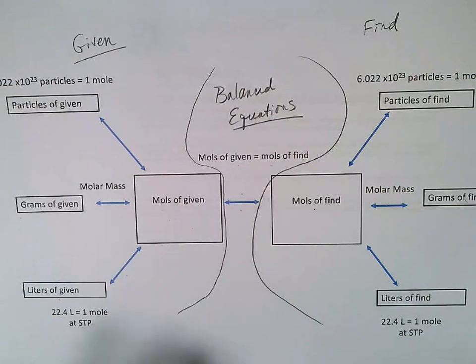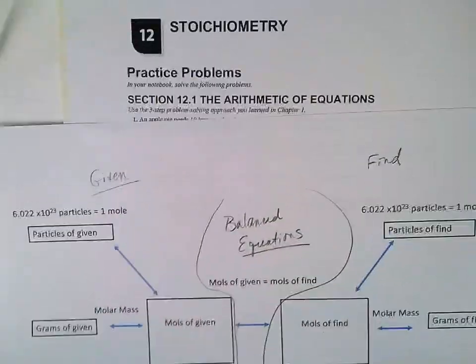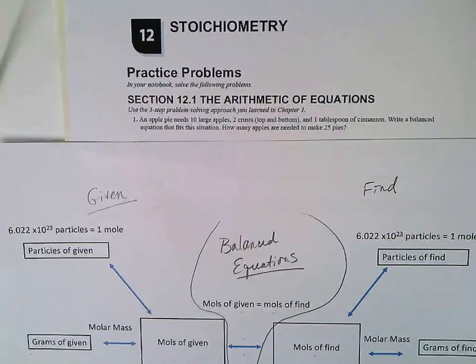So looking at this, I'm going to look at the first question. It says an apple pie needs 10 large apples, 2 crusts, top and bottom, and 1 tablespoon of cinnamon. Write a balanced equation that fits this. How many apples are needed to make 25 pies? I'm not going to work it all out, but I am going to go through how to break down the question.